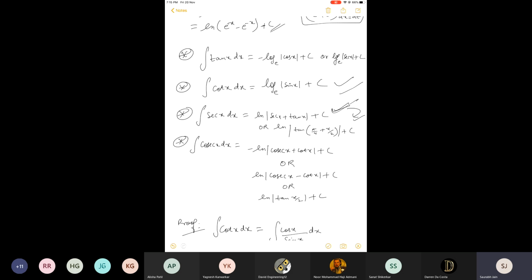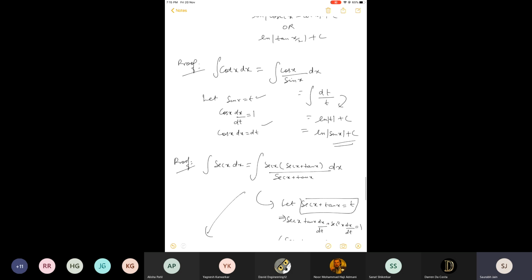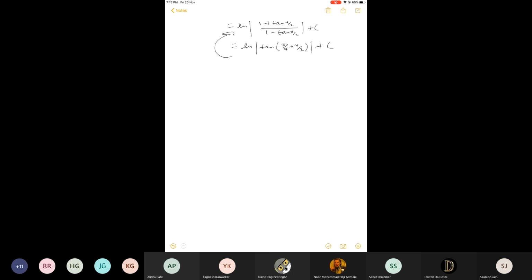So now we will be solving some questions. Let us see how you will solve. Tan x, tan 2x, tan 3x. So your first question. Then this is sin x upon sin x minus alpha. Then 1 minus sin x upon 1 minus cos x.